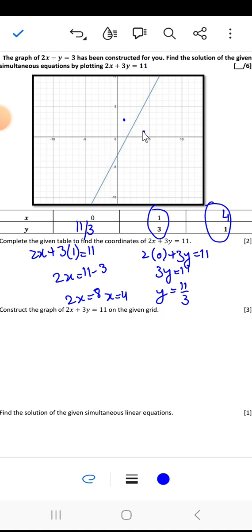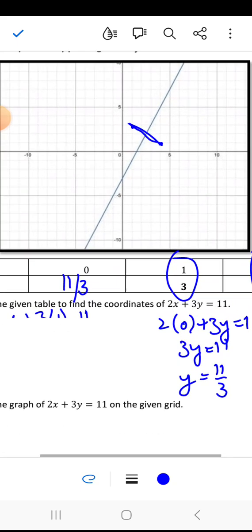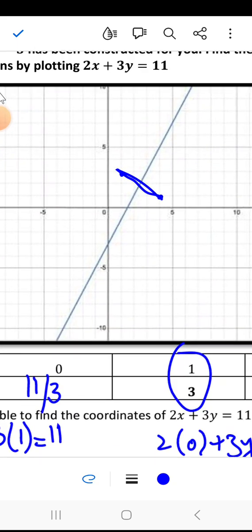So if I join these 2 points and extend them, my solution is approximately, let me zoom in for you, this would be the solution point. This. So it is basically 2.5 on the x-axis and 2.5 on the y-axis.